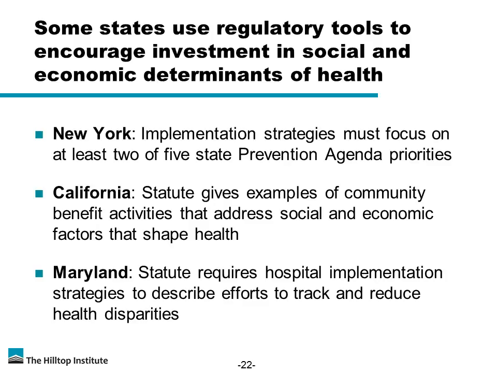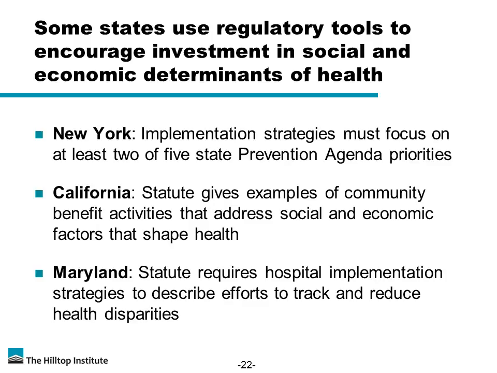Another thing that states are doing is using regulatory tools to encourage investment in social and economic determinants of health. New York State has a statewide prevention agenda, and there are 5 priorities on that prevention agenda.